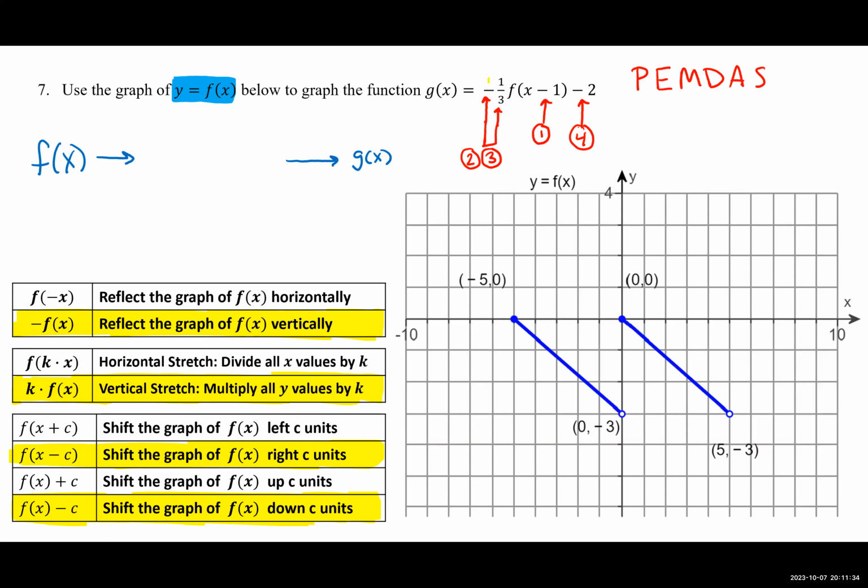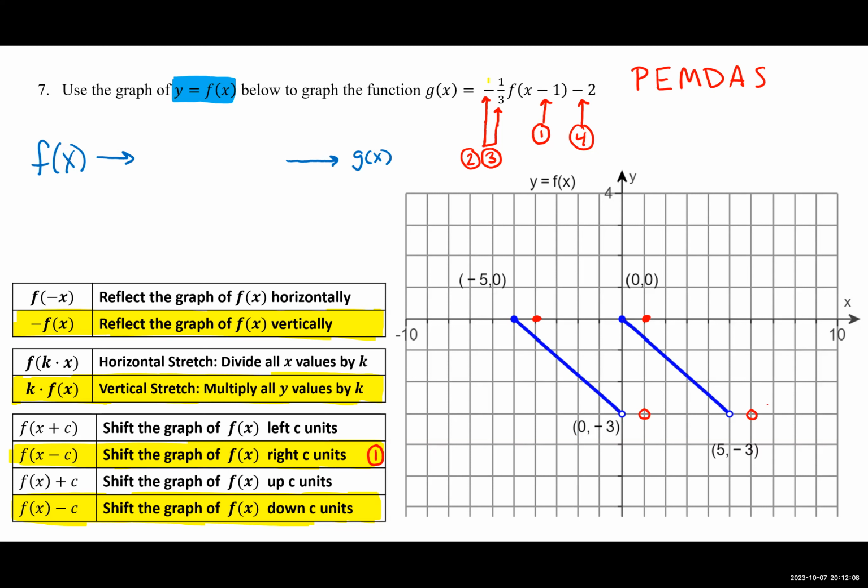So step 1 is the parentheses, the -1 on the inside. Everything moves to the right by 1. So I'm going to draw red here. Every point is moving to the right. The point 0, 0 is going to move to the right. The point 0, -3, that's an open circle, is going to move to the right. And the other one, 5, -3, is going to move to the right.